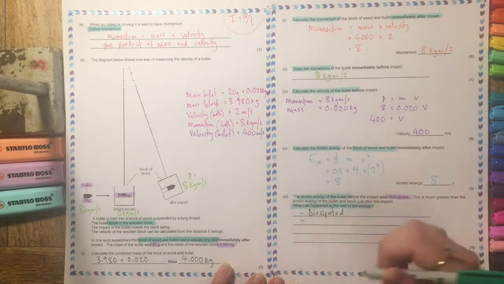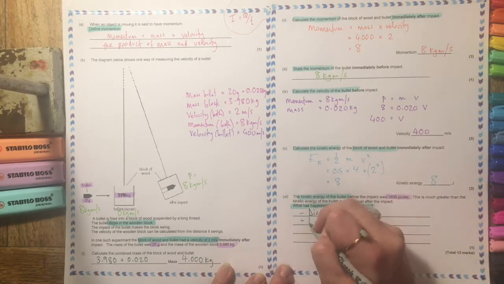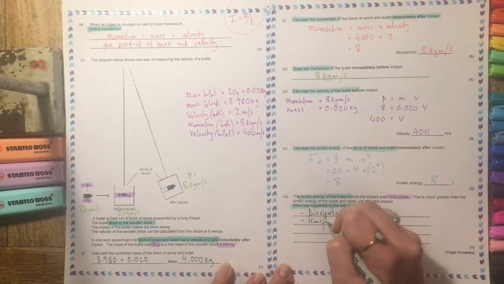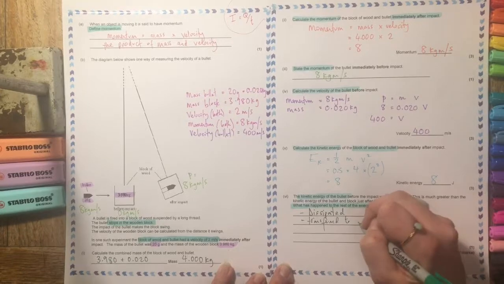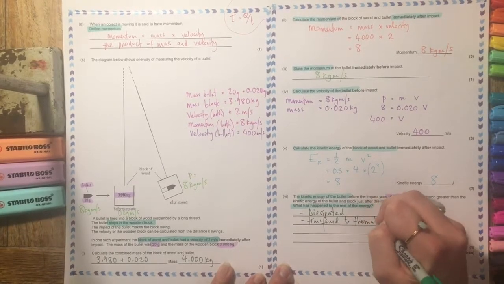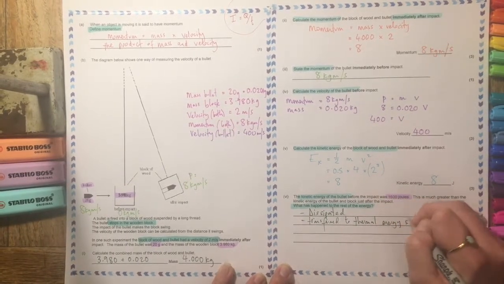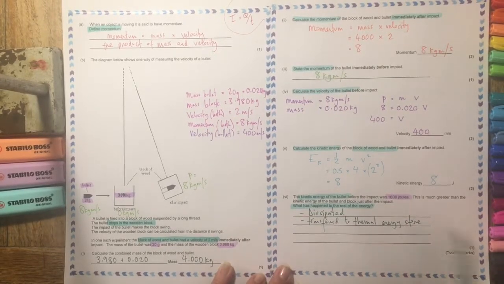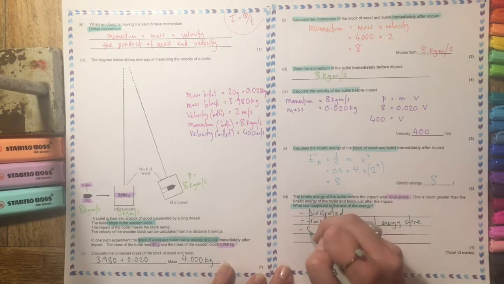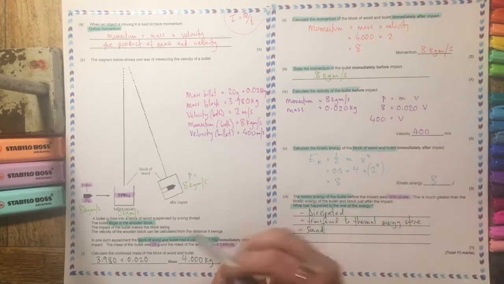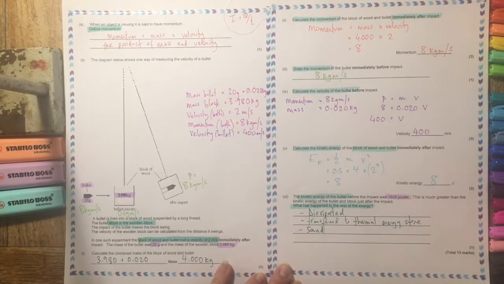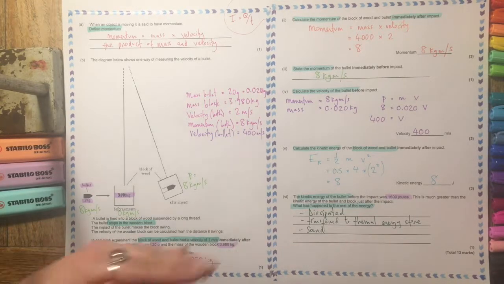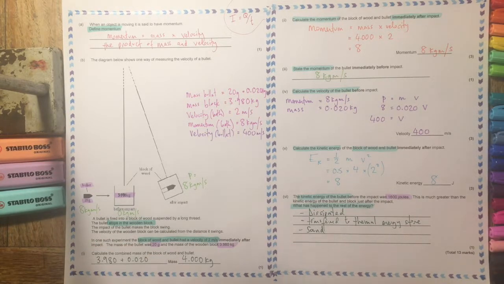You could say that it is transferred to thermal energy store. And that could be the thermal energy store of the surroundings, it could be the thermal energy store of the bullet, it could be the thermal energy store of the block, or you could talk about that there is some sound, because obviously it would be quite loud, even with the impact of the block of wood.